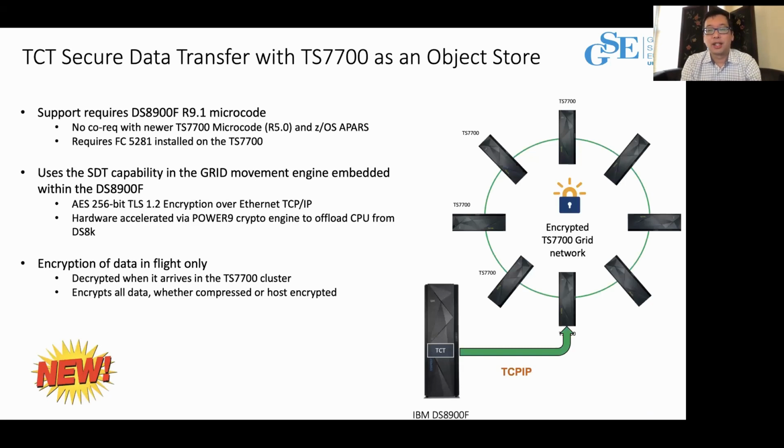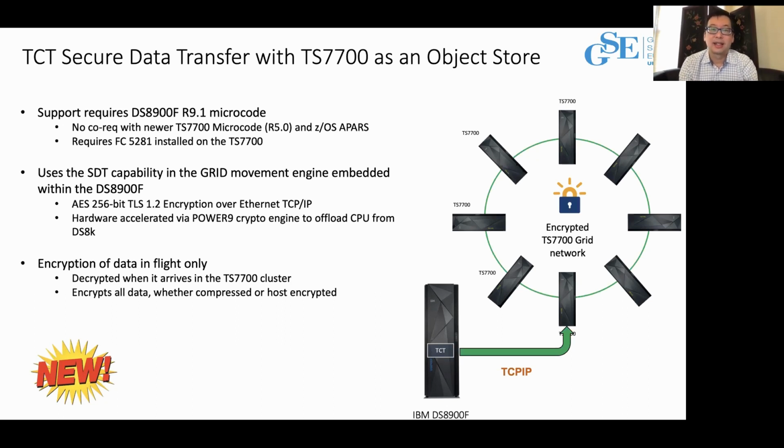The other thing that's new to the 7700 is the idea that we can encrypt objects as they flow across the Ethernet. This is a DS8900-only solution and requires the 9.1 microcode. It does require a feature code on the TS7700 called secure data transfer. If you have a grid environment and you already have TS7700, you can already use secure data transfer to encrypt all of the data around your grid.